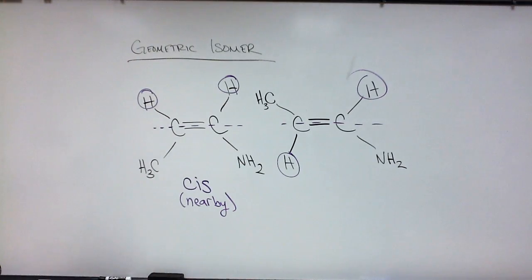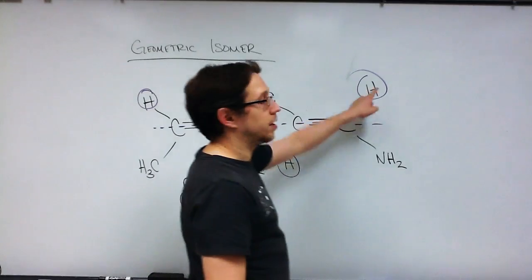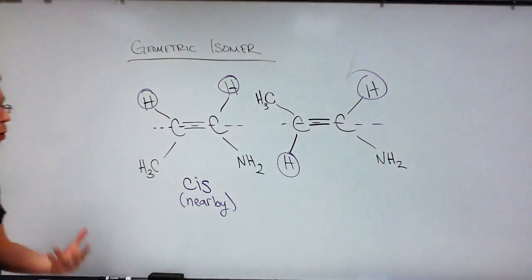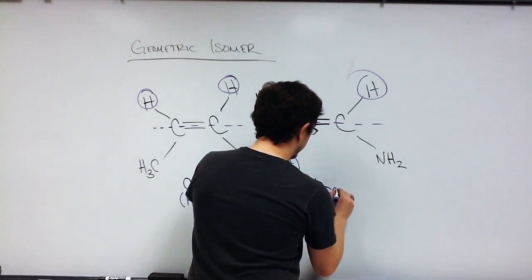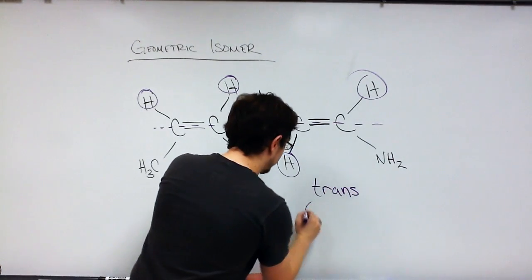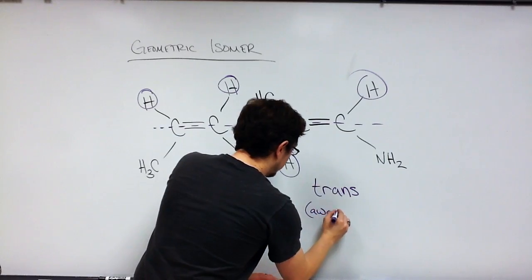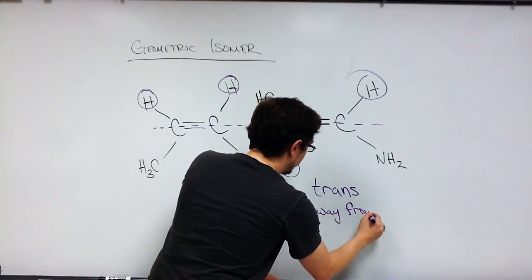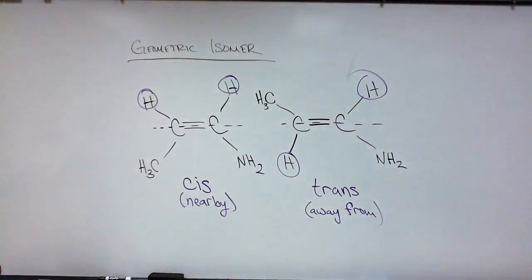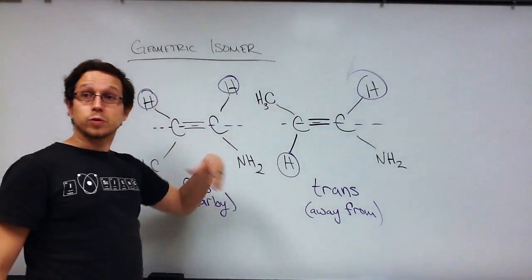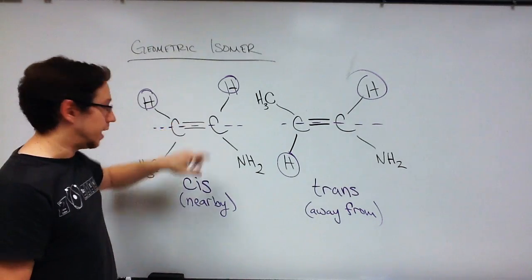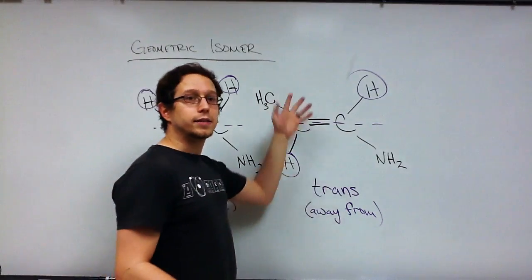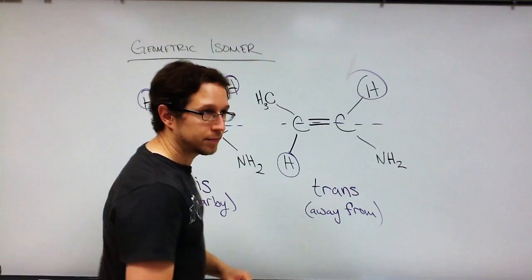These hydrogens, on the other hand, are away from each other, and the word that we use to describe that is trans. So, away from is what we mean by trans. So these are geometric isomers. They're isomers to each other. This one is in the cis orientation, and this one is in the trans orientation. Okay.